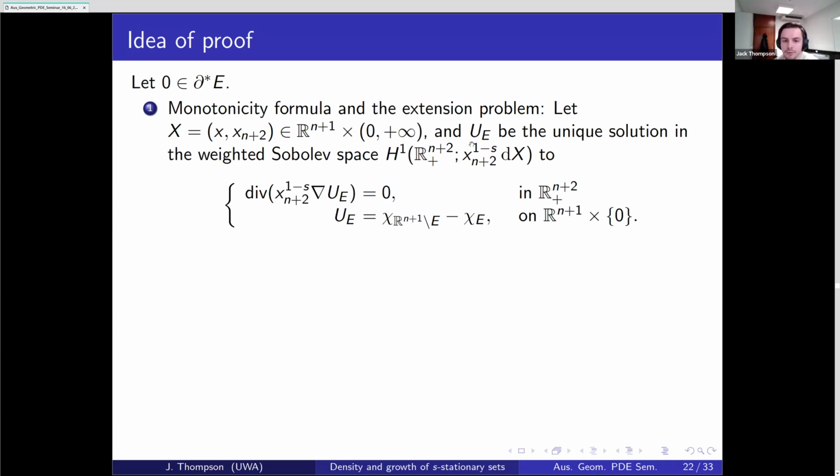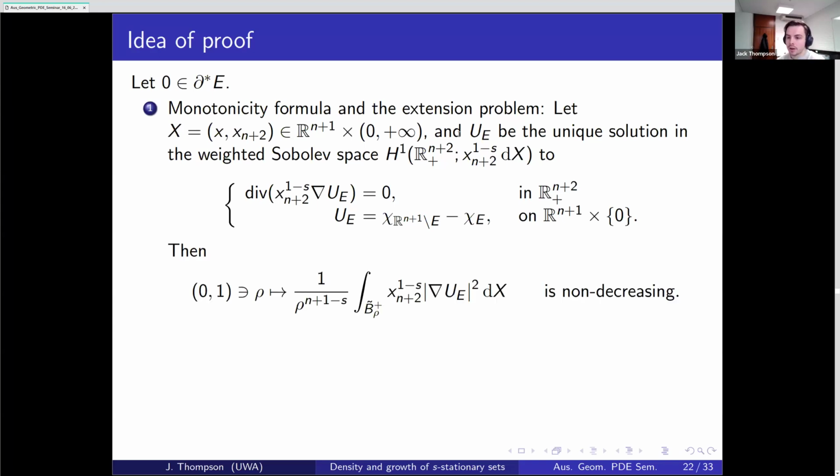And then I solve for a function in a weighted Sobolev space that satisfies this degenerate PDE. So I have a divergence equation with U, and then on the boundary of my extension space, my function is this object from before. So essentially we use our set E to construct this capital U, whatever this is. And what can be shown is that this object is non-decreasing.